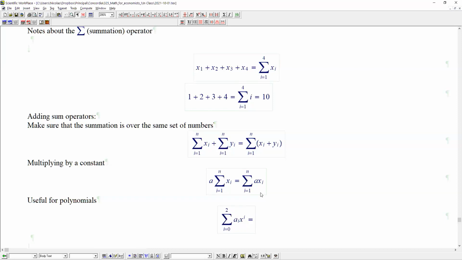I get a0 x to the 0 plus a1 x1 plus a2 x2. And of course, x to the 0 is just 1. So I get a second order polynomial. So it's a very neat way of writing it. Very easy. It's useful for infinite sums.